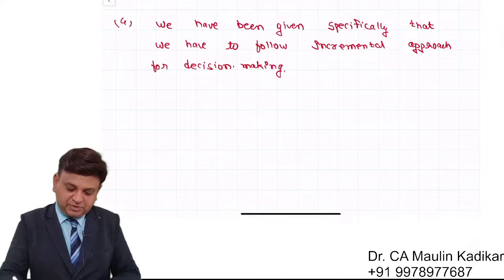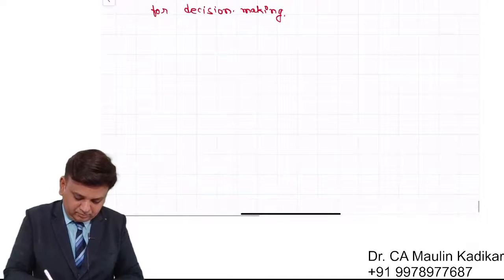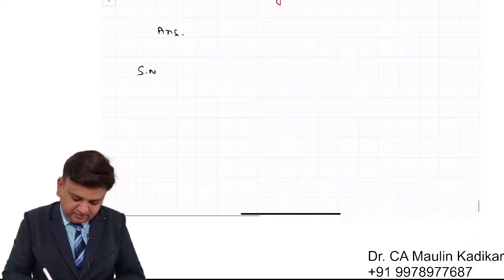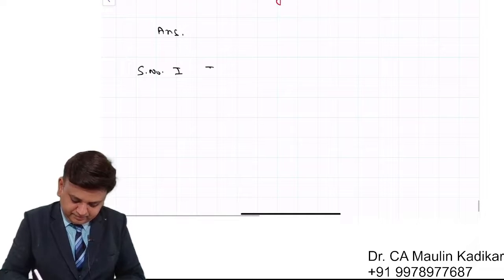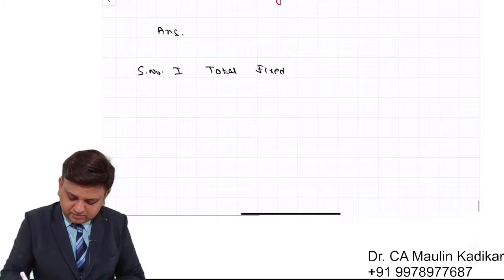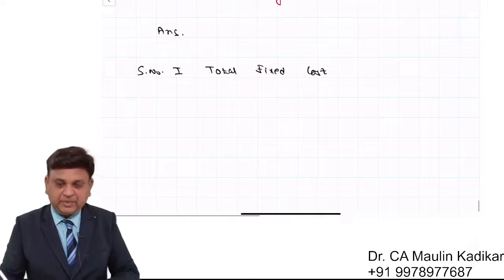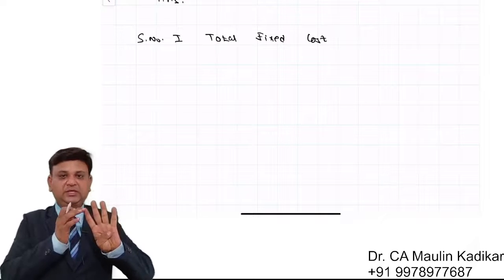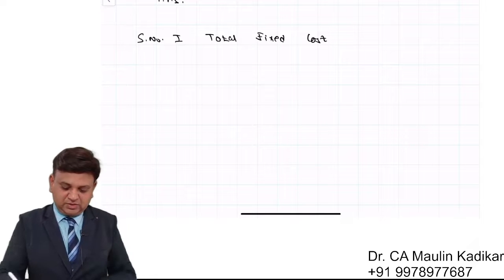Now write down the answer of the question. Step number one, total fixed cost. Friends, in case of incremental approach, there are four steps in which we do the answer. Step number one is total fixed cost.